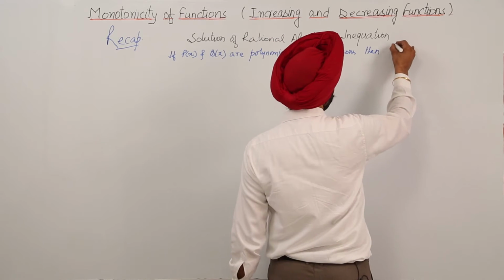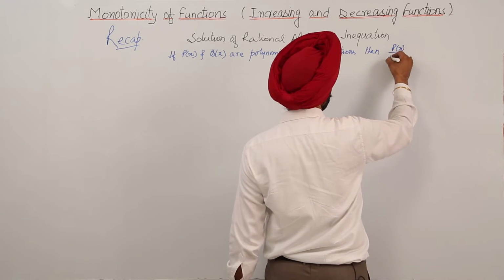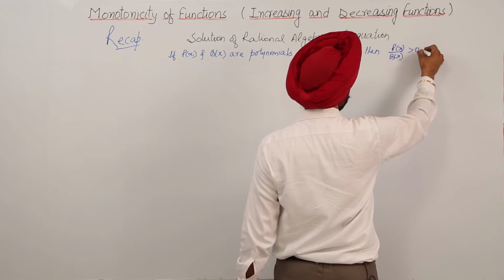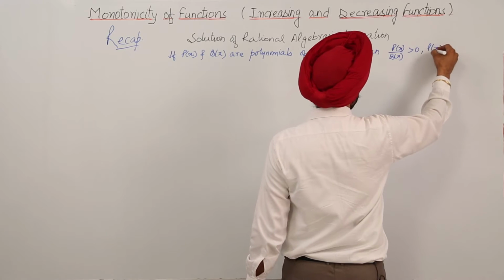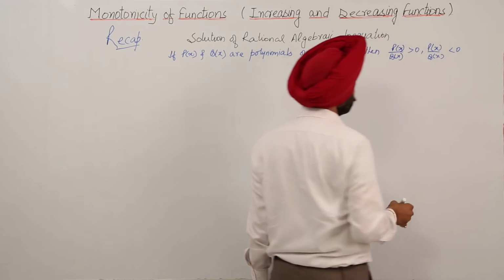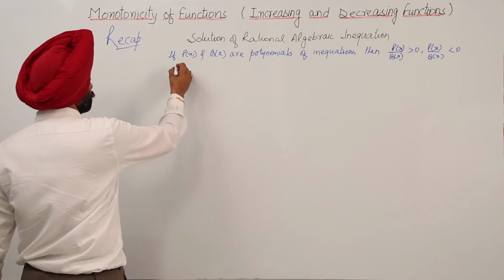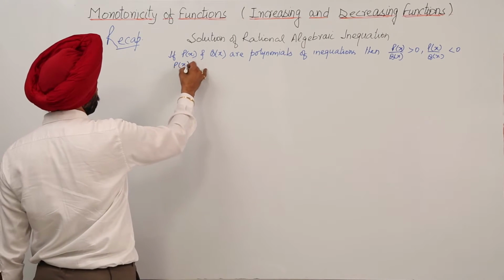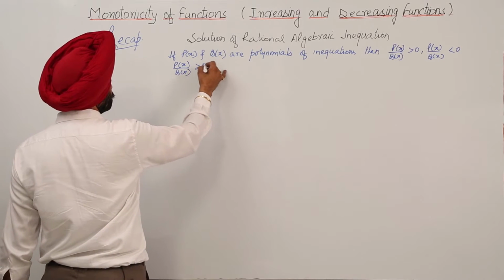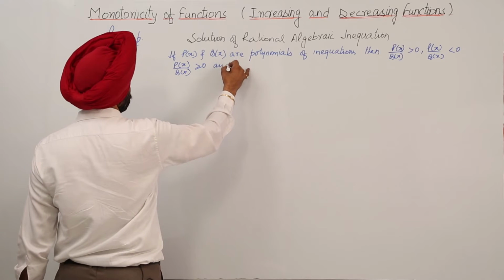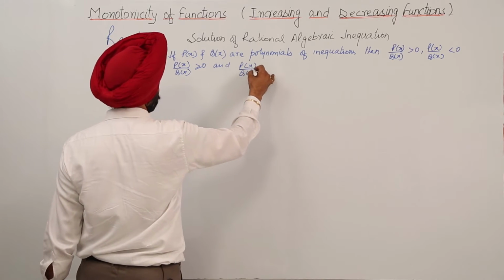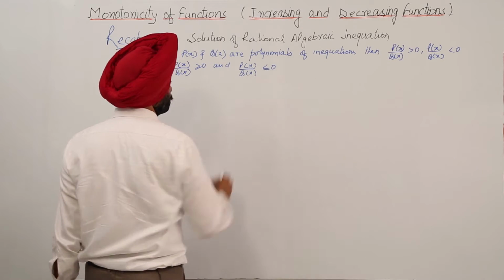Then Px upon Qx can be greater than 0, Px upon Qx can be less than 0, Px upon Qx can be greater than or equal to 0, and Px upon Qx can be less than or equal to 0.